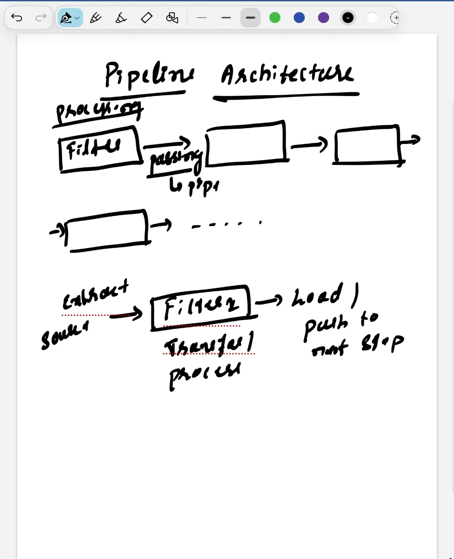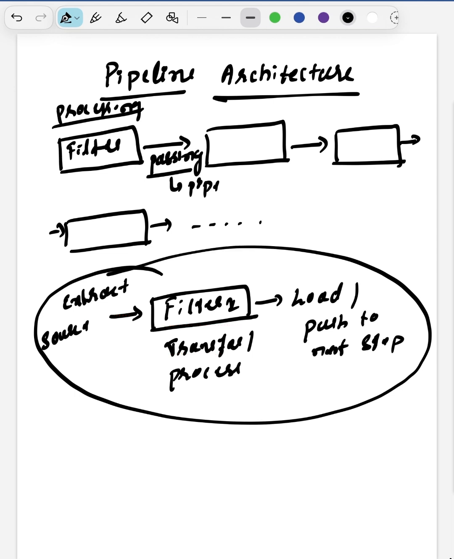The next step can be anything, and the previous step can also be anything. But at every given step, this is what is happening: take the data from the source, maybe filter 0, filter 1 processes and transforms the data, then passes it to filter 2.